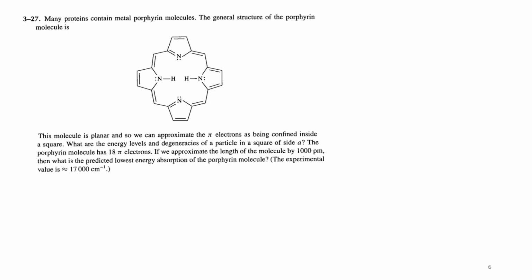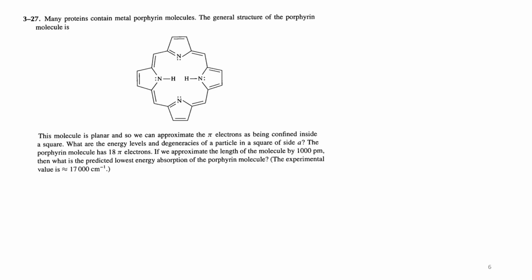So there are two kinds of restriction right now. So you have to think of it as a particle in a 2D box, and the particle is your electrons. So what are the energy levels? Pi electrons being confined inside a square. What are the energy levels and degeneracies of a particle in a square of side A?